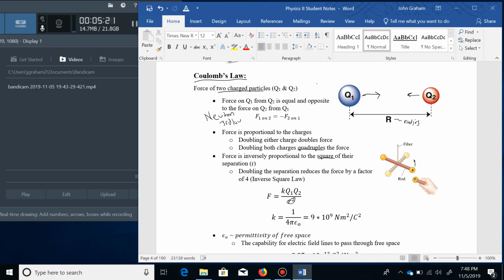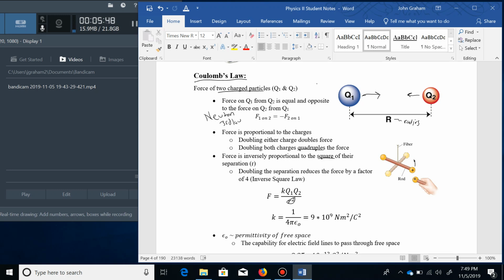And so if we double the radius, we actually quadruple, not quadruple, I'm sorry, we divide the force by 4. If we halve the radius, then we quadruple the force. And so the radius works opposite to Q1 and Q2.